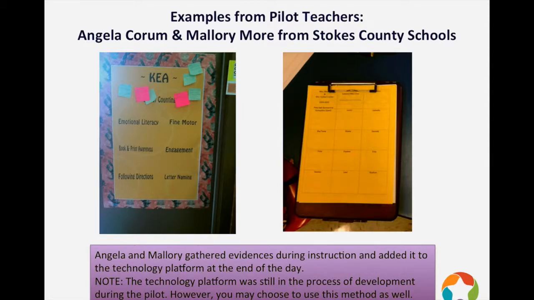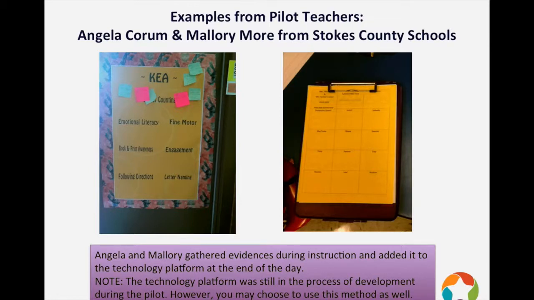They also used a clipboard in each area, noting the kinds of things they were noticing. They might have the students' names there, along with the kinds of things that we are noticing them do that match to the skills along the construct progression. They gathered evidences during instruction and added it to the technology platform at the end of the day.